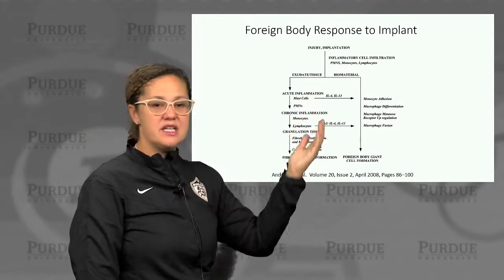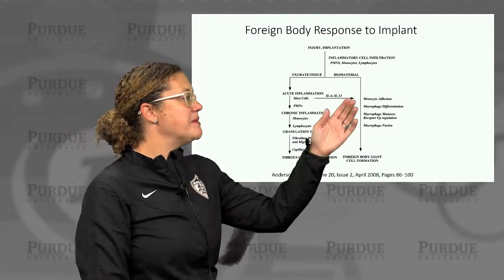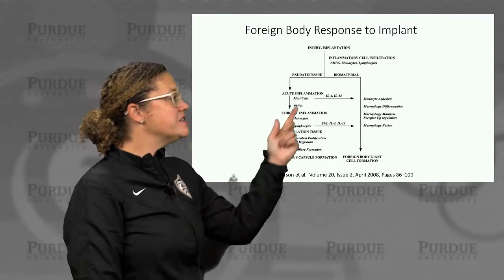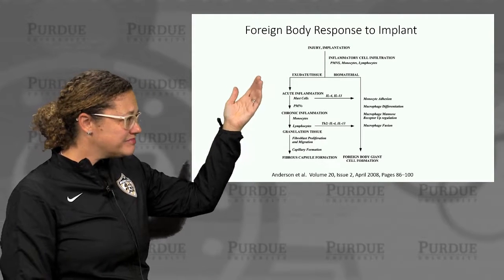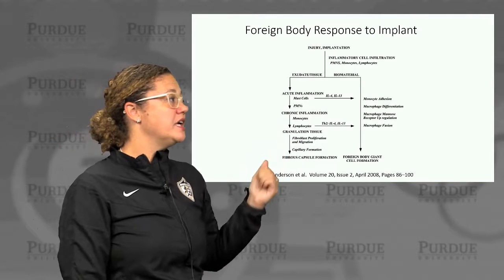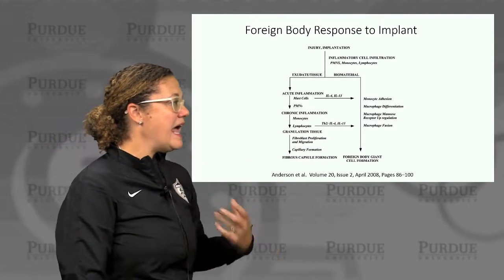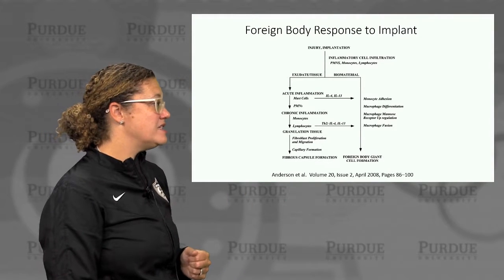And then we have a continuation from an acute to a chronic effect, both at the material interface of our device and within the surrounding tissue. And again, this propagates from an acute inflammation into potentially chronic inflammation and ultimately an encapsulation of our device with fibrous tissue.